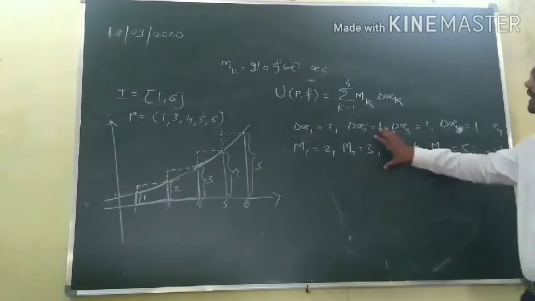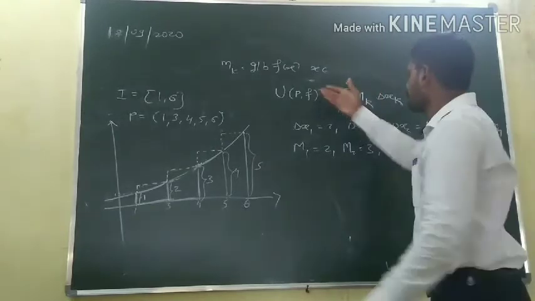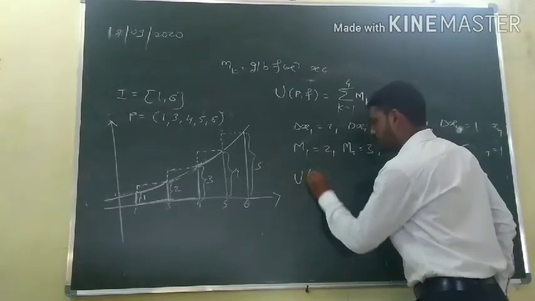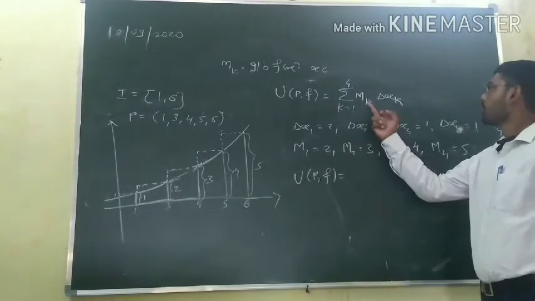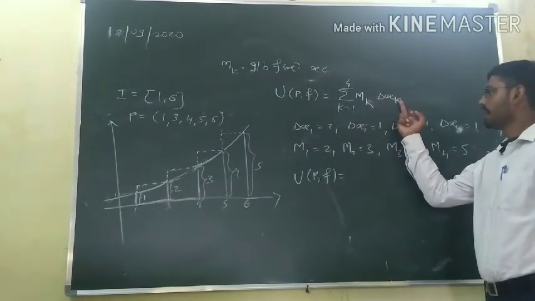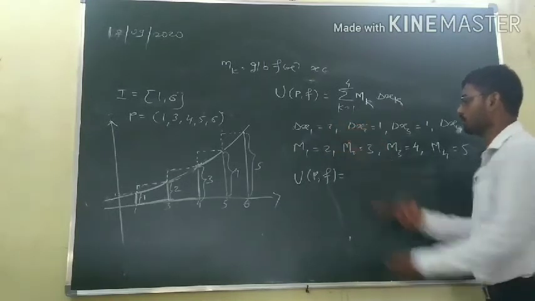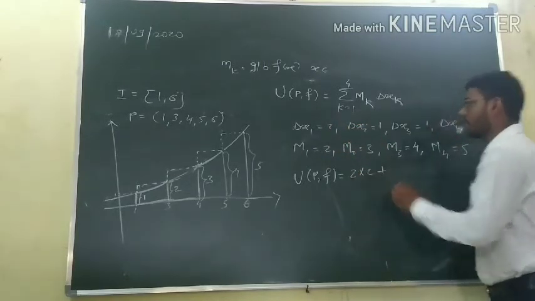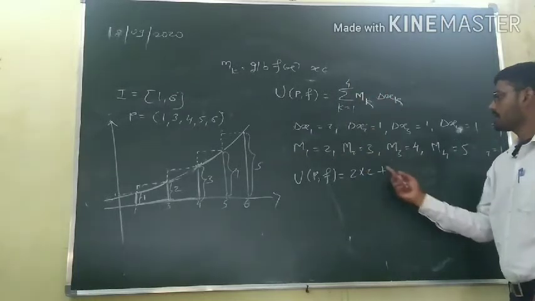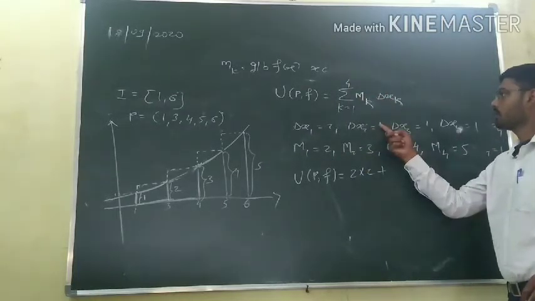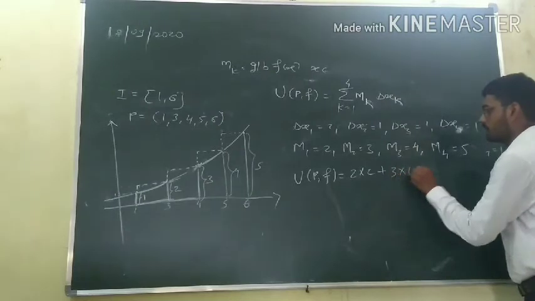Just put these values in our formula. So the upper sum U(P,f) becomes capital M1 delta x1, which is 2 into 2, plus the summation over the 4 intervals. What is M2? 3. What is delta x2? 1. So 3 into 1.